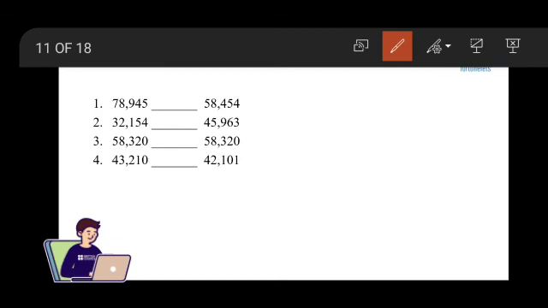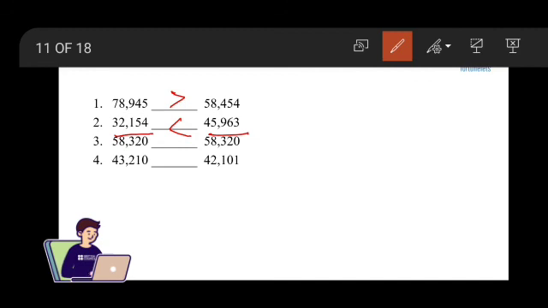Among these, which is greater? 78,945 is greater than 58,454. The second example, 32,154 to be compared with 45,963. So here the first given number is lesser than the second number.